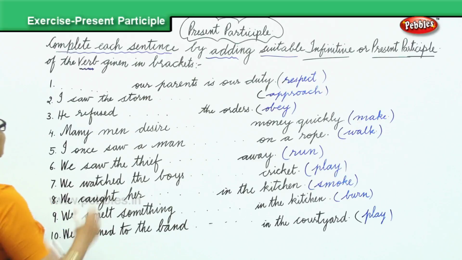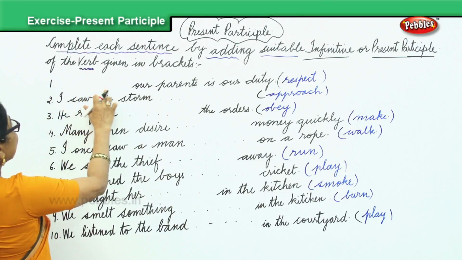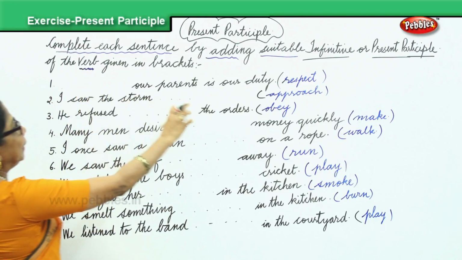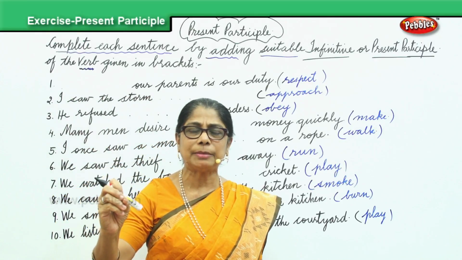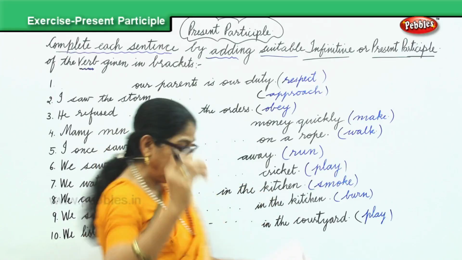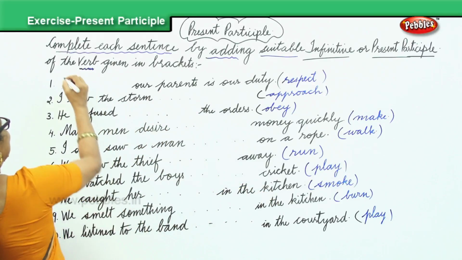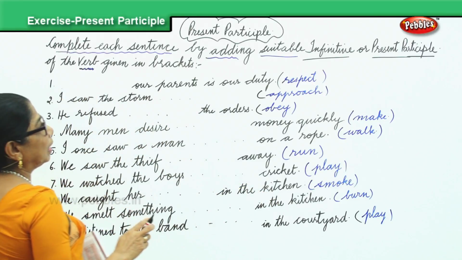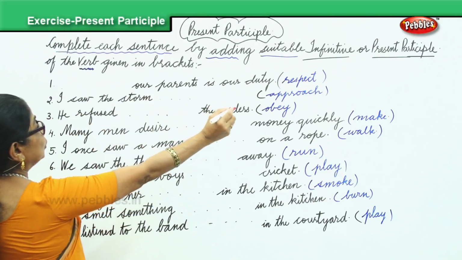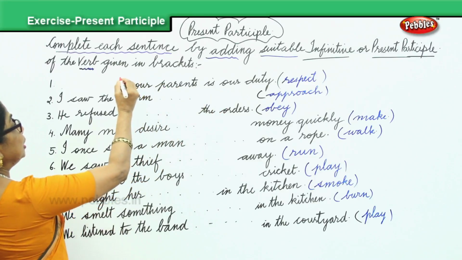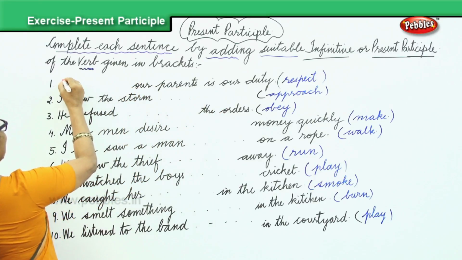The first one: dash our parents is our duty. When you add ing, the present participle, respecting, very good. So the first one is: Respecting our parents is our duty. To the verb respect we add ing to form the present participle.